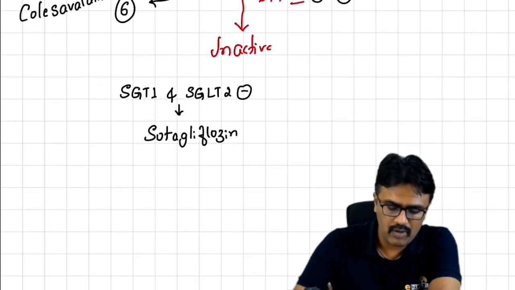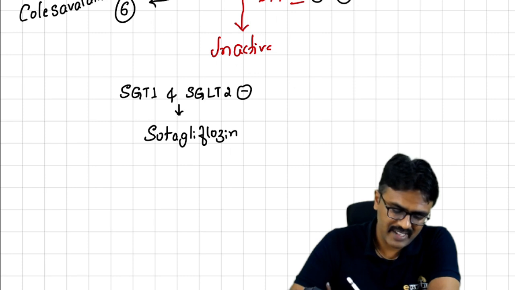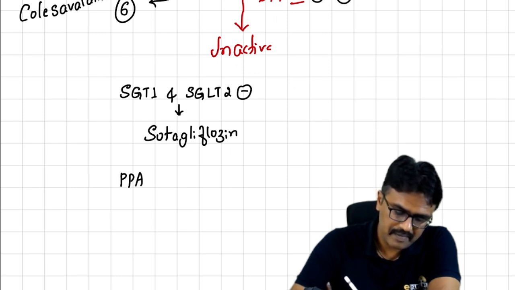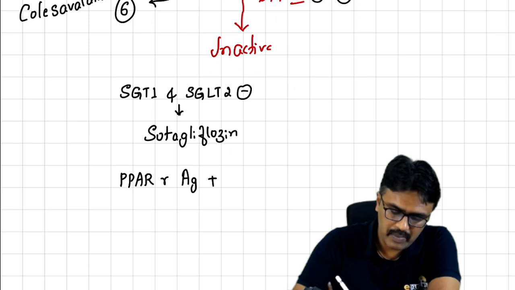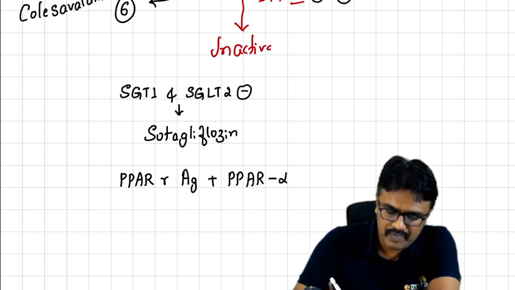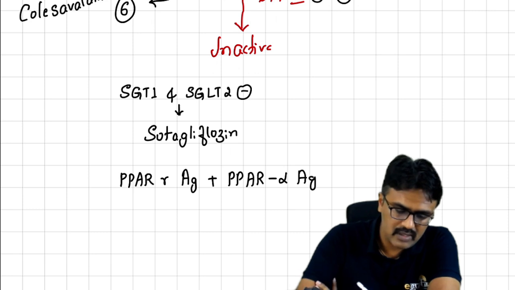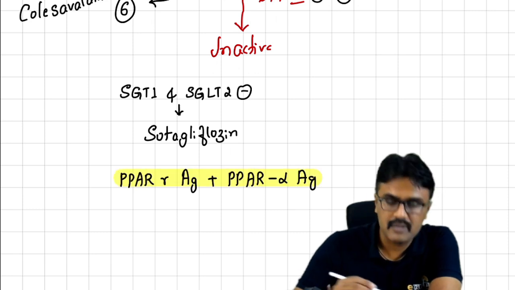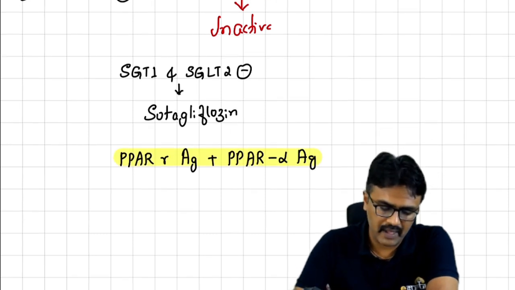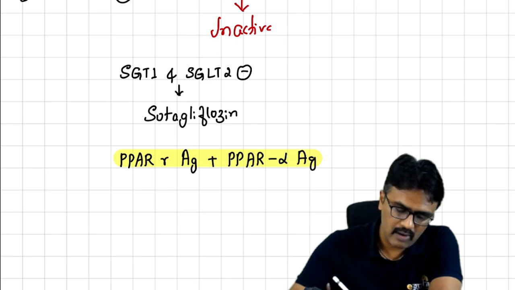And recently we have one more target, and that is called a PPAR gamma agonist, plus it's a PPAR alpha agonist. So this combination of drug has been recently approved only in India, and the drug name is saroglitazar.